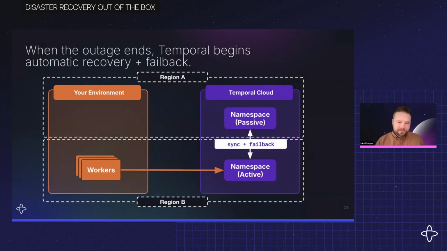And I think it gets even better, because when the outage ends, Temporal will just automatically recover the data, get your region A and region B back in sync, and then automatically fail back for you. So we've put a lot of work into this recovery process, because we know outages don't end when you fail over. Failback is just as important.